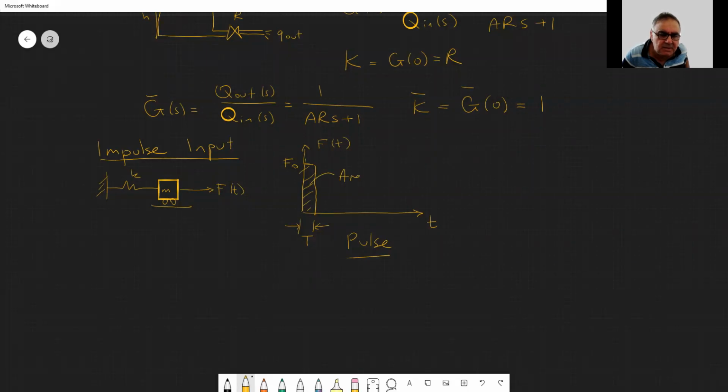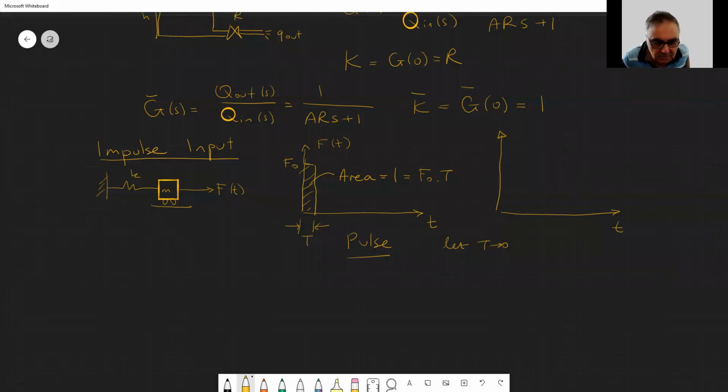Let's say that the area here is 1, which is f0 times t, so that when f0 is high, t is small, and so on, we let this t go to 0, and eventually we get some input like this. This is not a real input, this is an ideal input, okay?